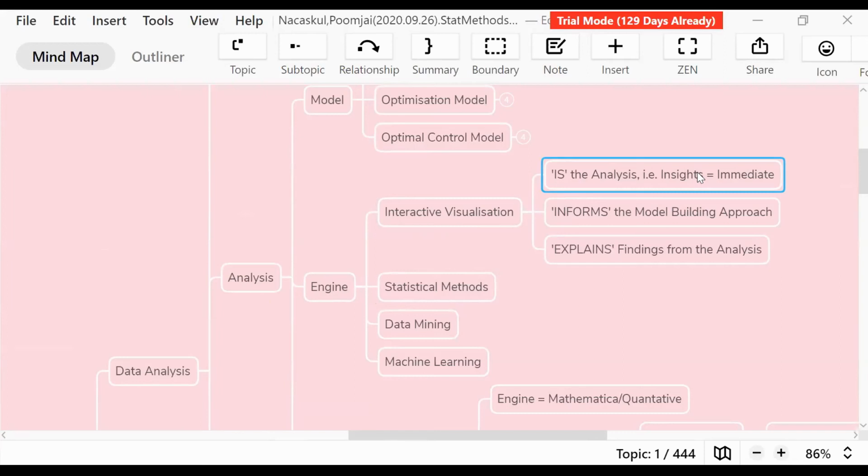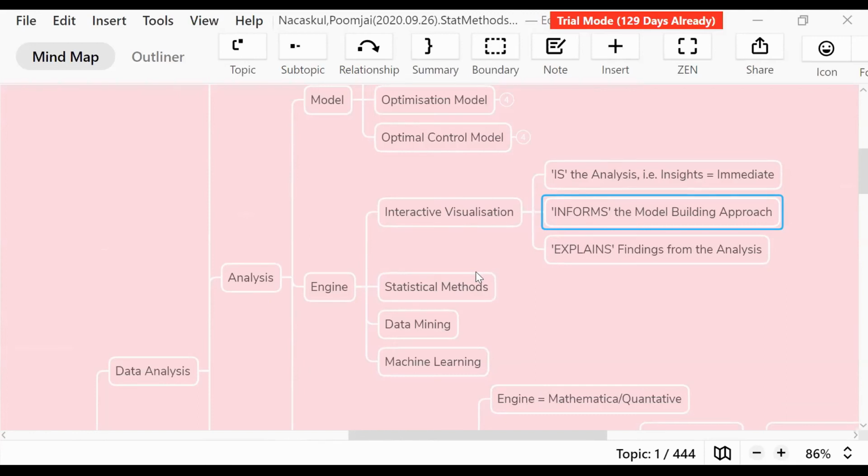Now, vis-a-vis other more complicated engines, visualization is also important because sometimes, not sometimes, most of the time, visualization is what informs the model. So don't think of visualization as an alternative to your machine learning or statistical method, right?